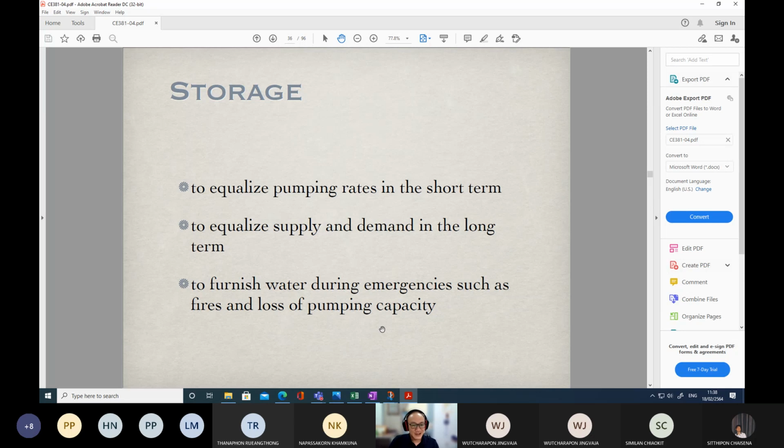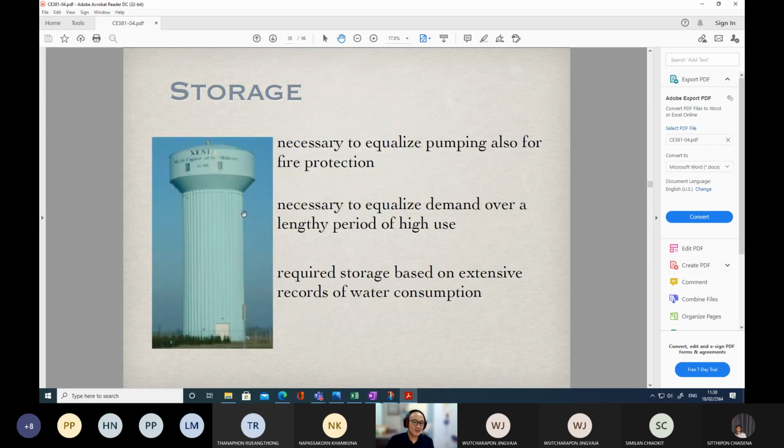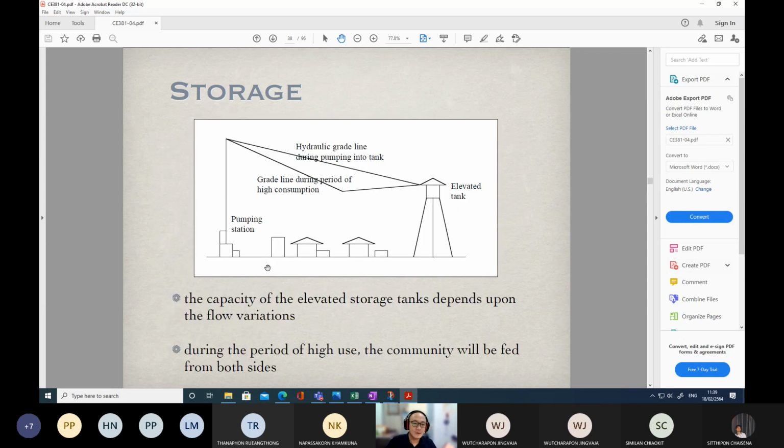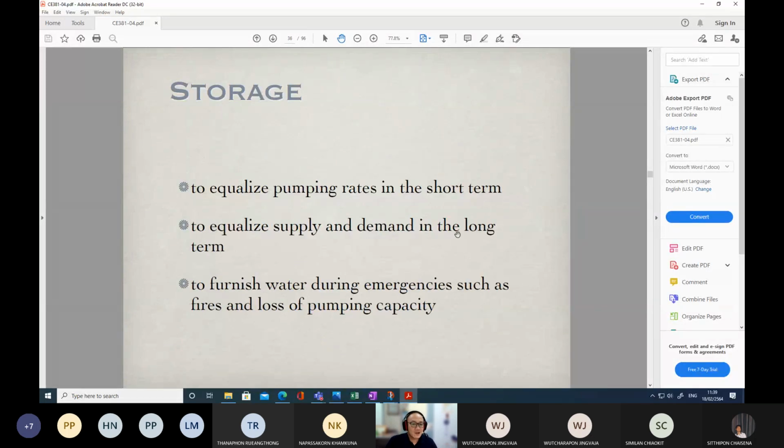Okay, let's come back to our topic, the storage again. Here are the details about the storage. You may think of something like this, or you may think of earthen ponds, like the pond in front of our faculty building. It can be a storage anyway. So what is the purpose of the storage?